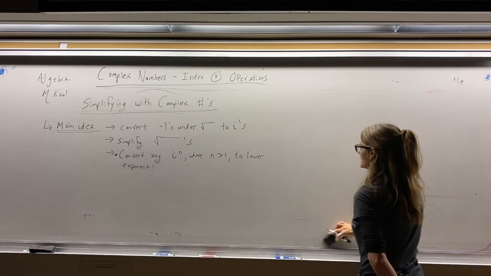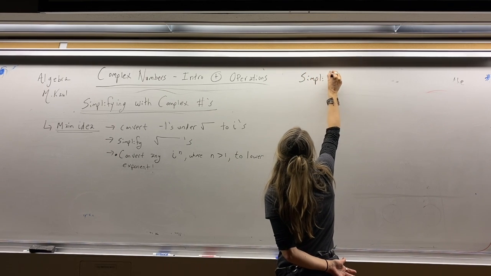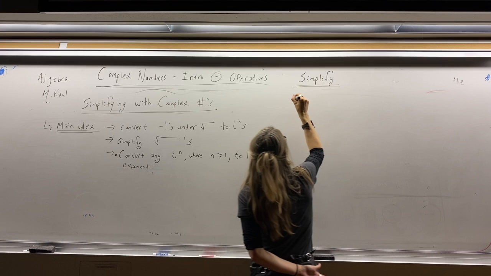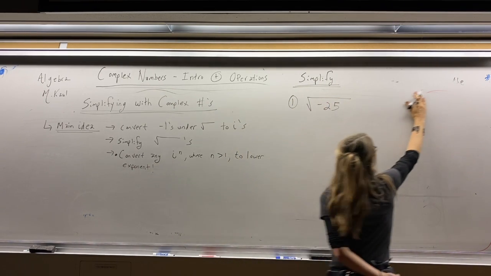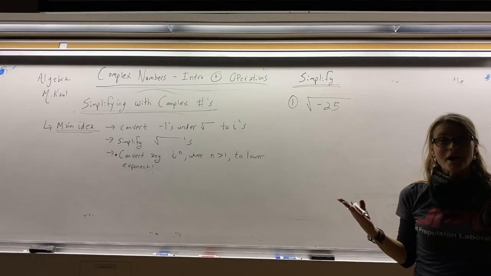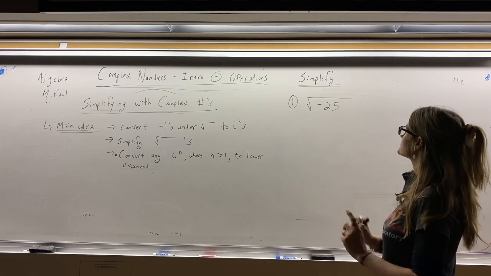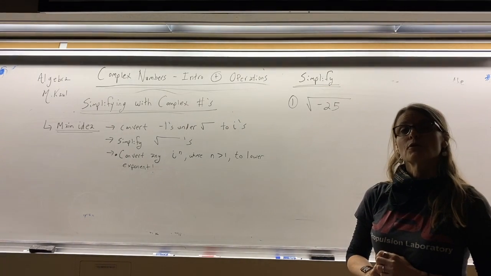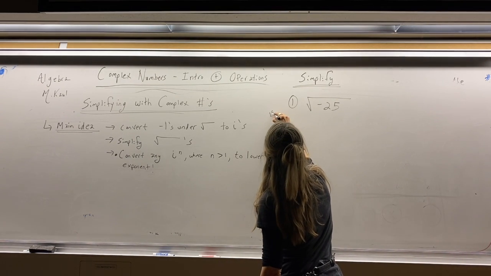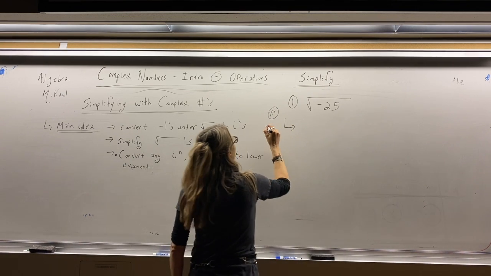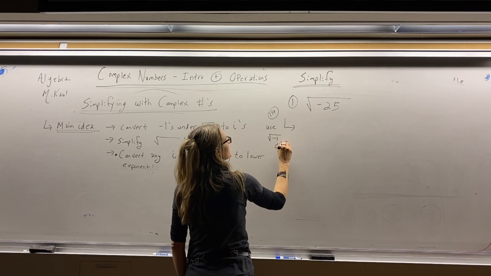Okay, so let's start with a problem that says simplify, and we have, let's say, the square root of -25. So instead of saying this is not a real number and we're blocked, we can't do anything more with the problem, what we're going to do is break it up into complex number form, break it up into i form. So the first thing we want to do is use the square root of -1 definition.